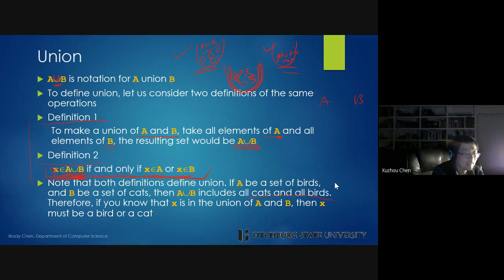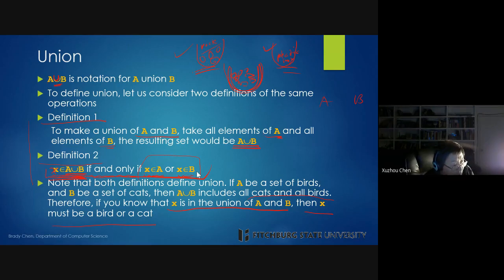So any element in the union is either a cat or a bird, it cannot be both. If you know that X is in the union of A and B, then X must be a bird or a cat. Okay, so that's a definition.